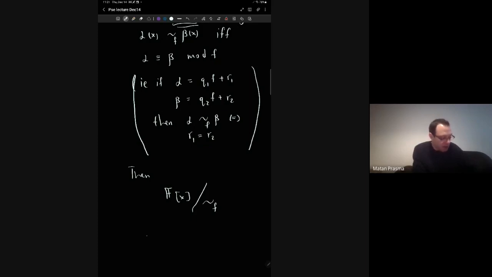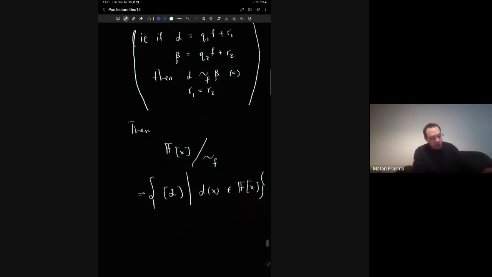So here, as a set, it is the set of all equivalence classes represented by some element in the original set. Note that alpha does not have any degree limitation.